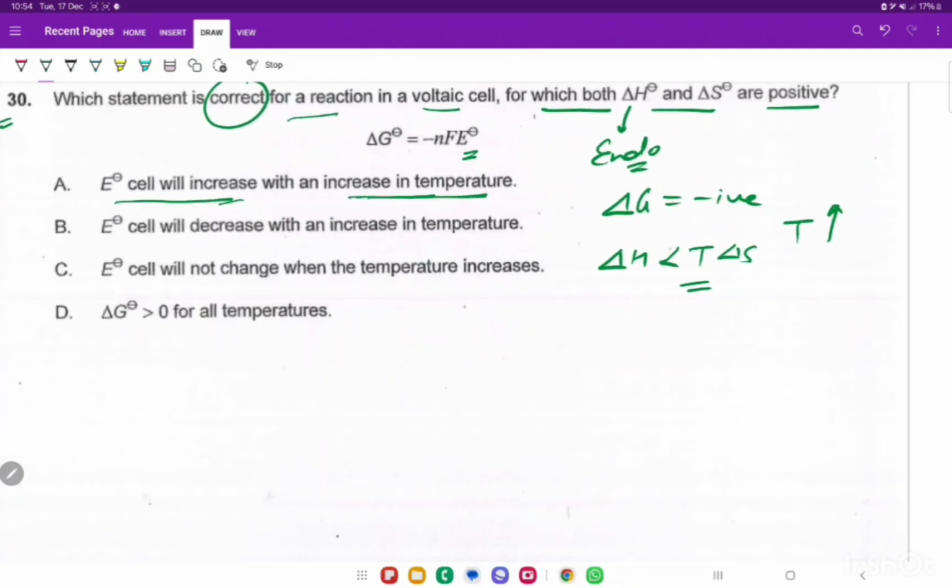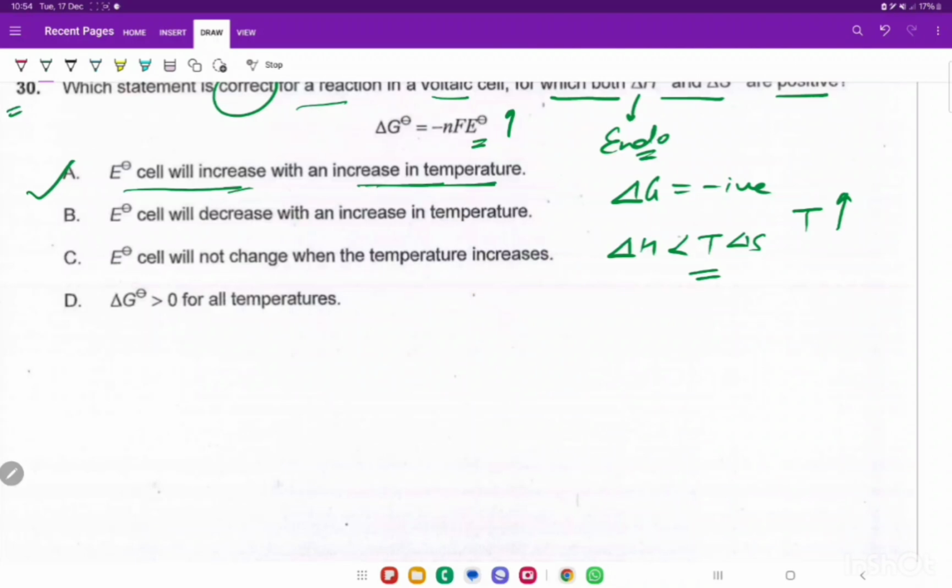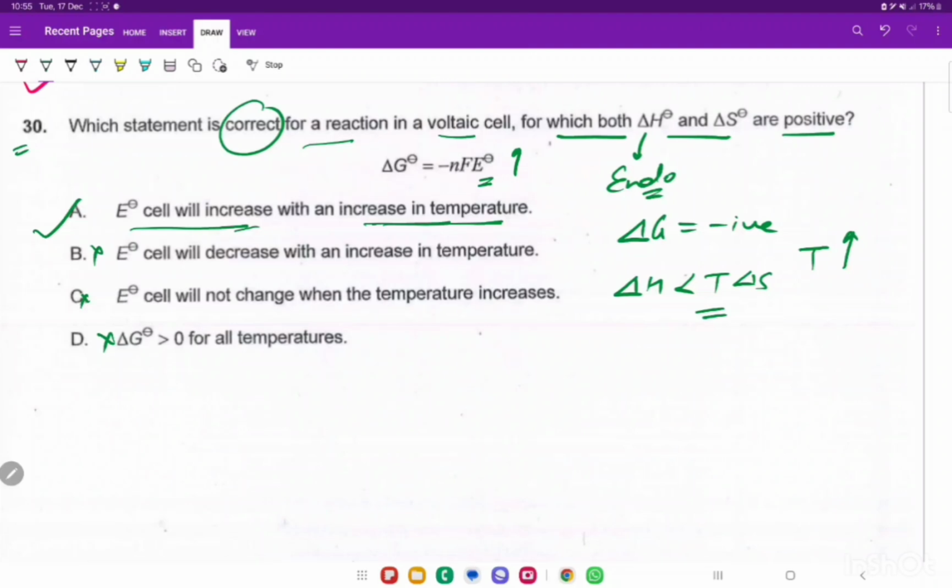It means the value of E degree cell should increase. E degree cell will increase with increase in temperature. I think this is the correct option. E degree decrease, no. E degree cell will not change, no, wrong. Delta G greater than 0 for all temperatures, wrong. Thus the correct option for question 30 is A.